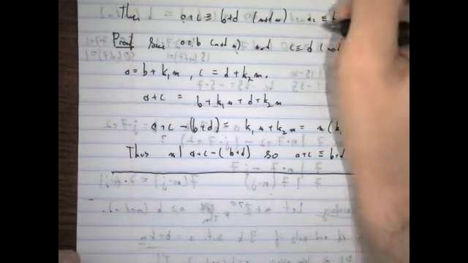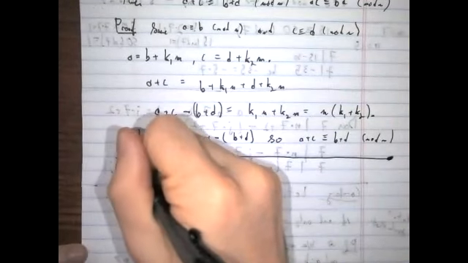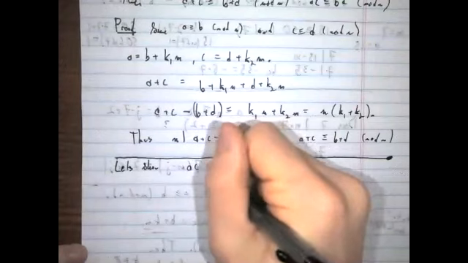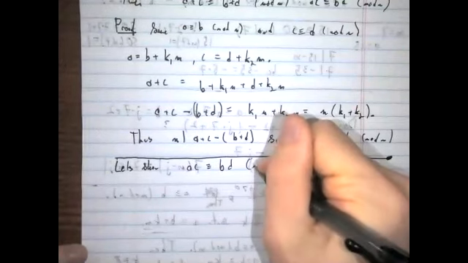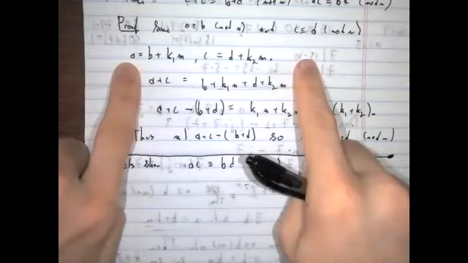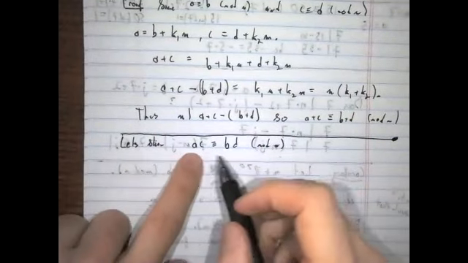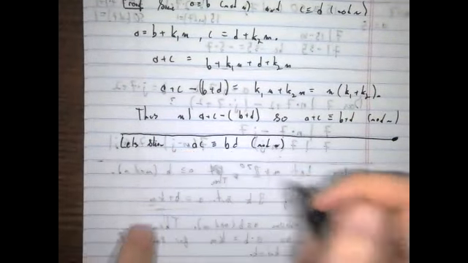Let's do it, why not? But you'll have to help me. Okay, let's show ac is congruent to bd mod m, which really means use my expressions for a and c, and then we'll examine. So let's show ac is congruent to bd.